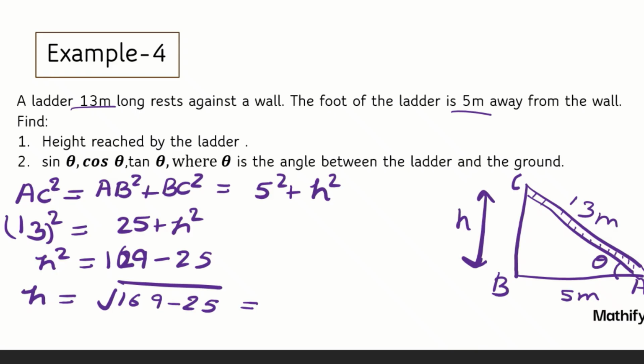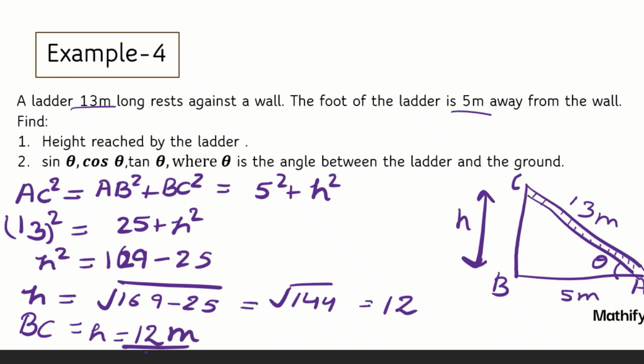It will give you the square root of 144, that is 12. So H is basically BC. So BC is equal to H is equal to 12 meter. Okay. Now what do we have to find? Cos theta, sin theta and tan theta.